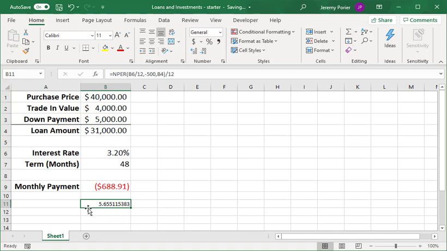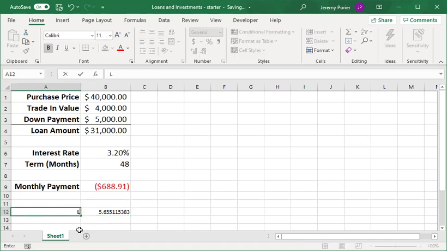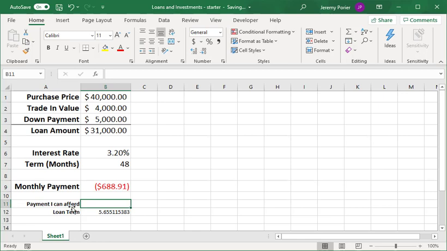So if we were going to make this spreadsheet a little more useful, I could maybe drag this calculation down here, and this would be the loan term. We'll do this in a smaller font. And then if we say payment amount, payments I can afford, and let's say it's even lower, it's $450.